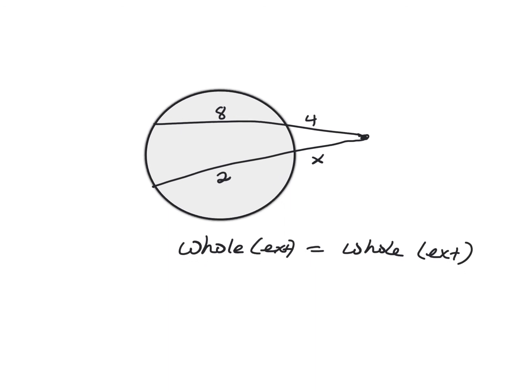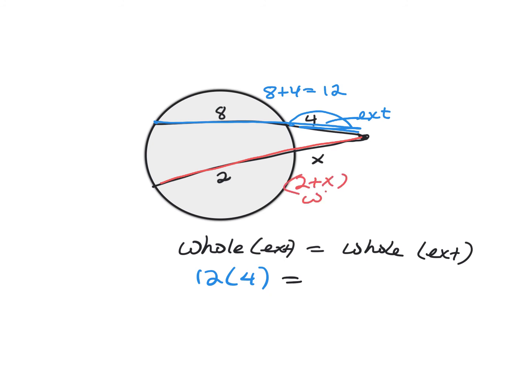So for this secant here, to get the whole, I'm going to do 8 plus 4, and it's 12. The external piece is the 4. So 12 times 4. And then for this secant down here, I can add 2 plus x.